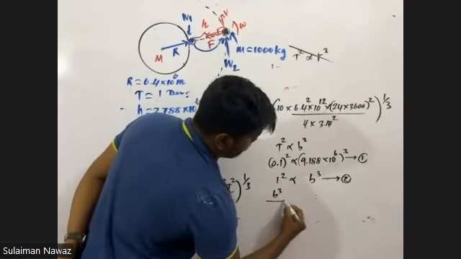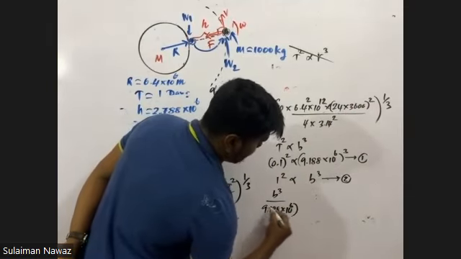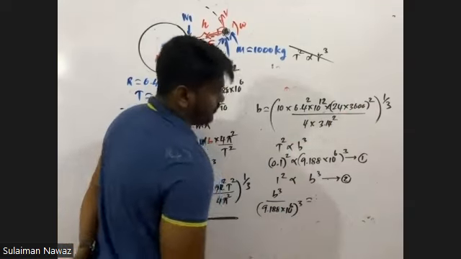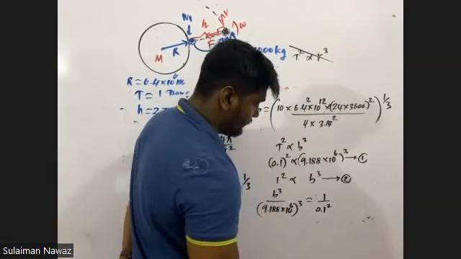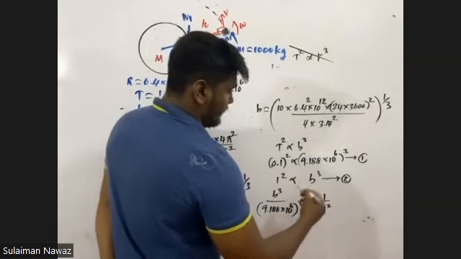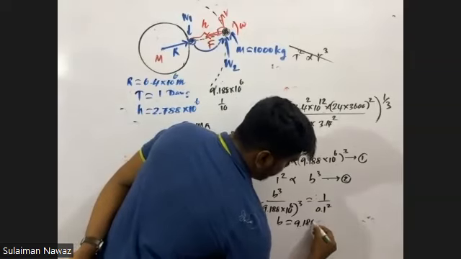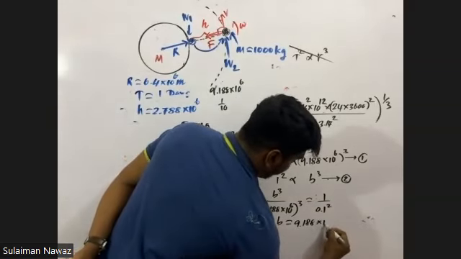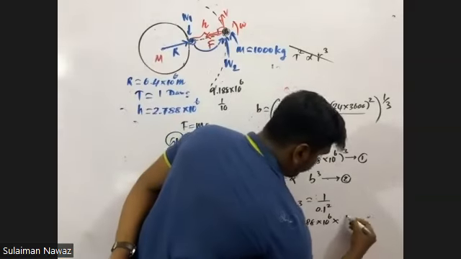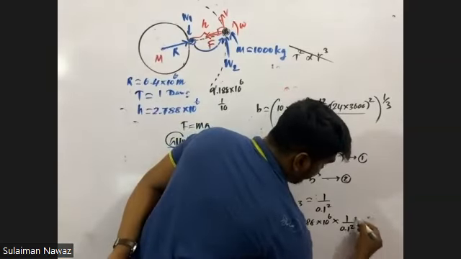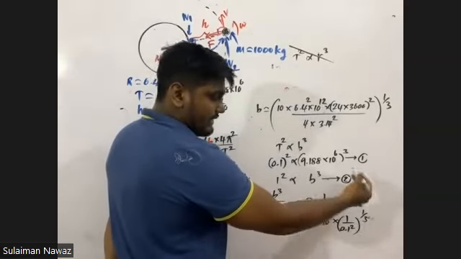We can write b cube over 9.188 into 10 to the power 6 cube equals 1 over 0.1 squared, right? Then I can say that b equals 9.188 into 10 to the power 6 into 1 over 0.1 squared to the power 1 over 3. Then you can easily get the answer.